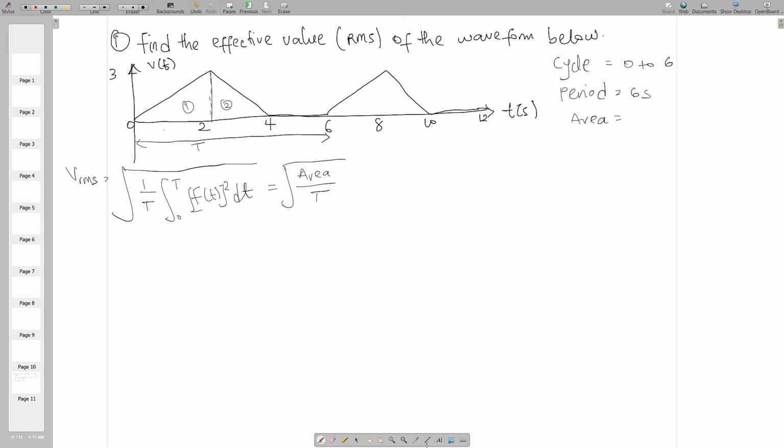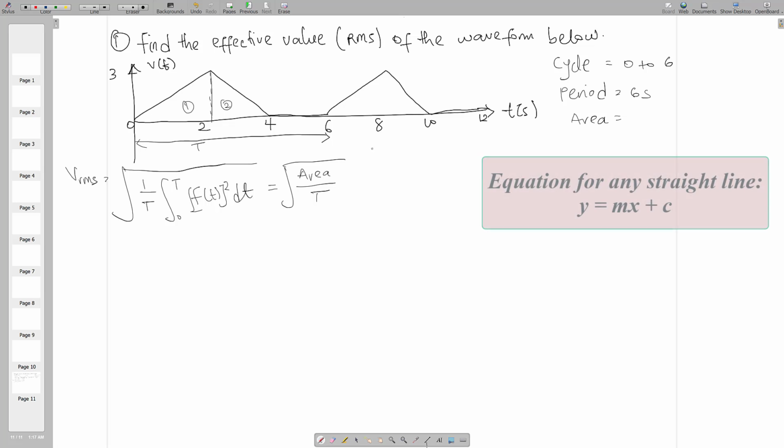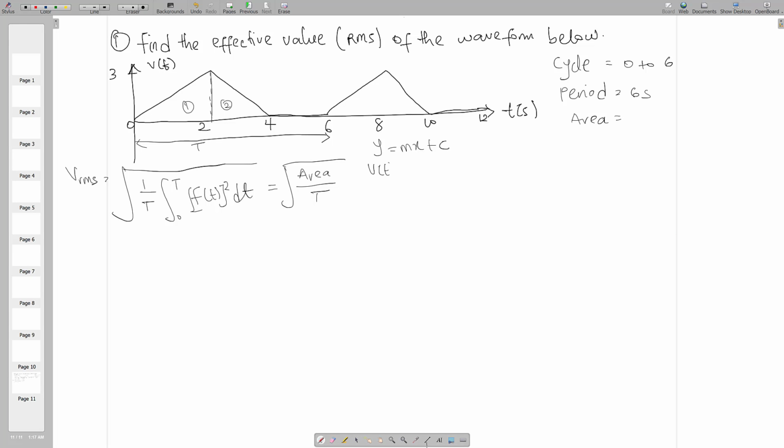We are saying that this is a straight line, so from y = mx + c, we can find the function. So in this case, our y is v(t) and m is the gradient. In this case, x is t and c is where this line cuts the y-axis, and we can see from here that it cuts the y-axis at 0. So your c is 0.